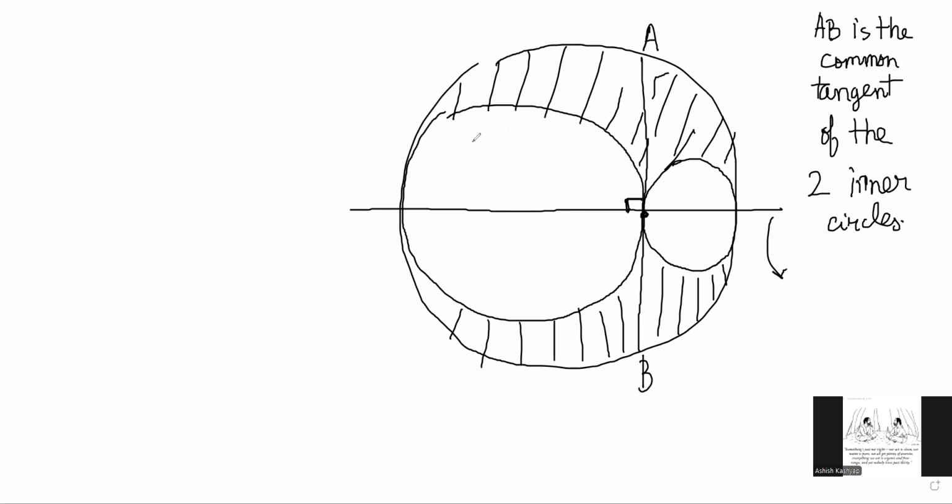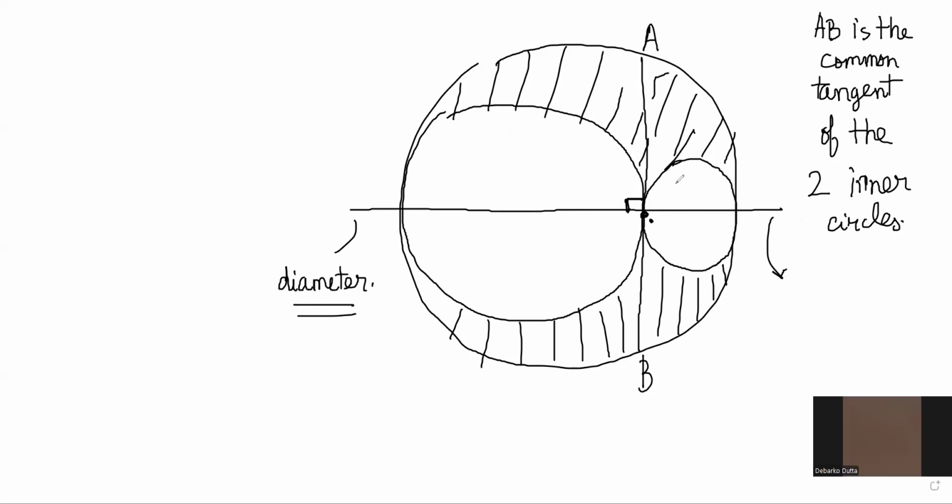The question doesn't have enough data, first of all. They should say that this point is the midpoint of the chord. Because if they don't say that, then we don't know whether this line is a diameter or not, right?